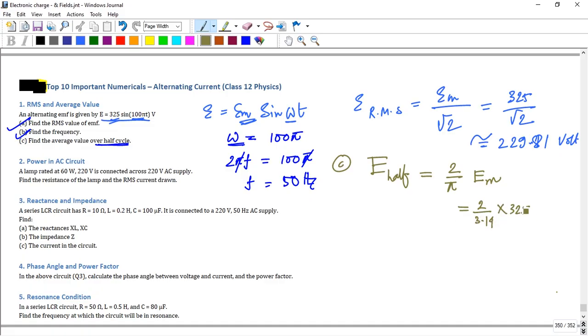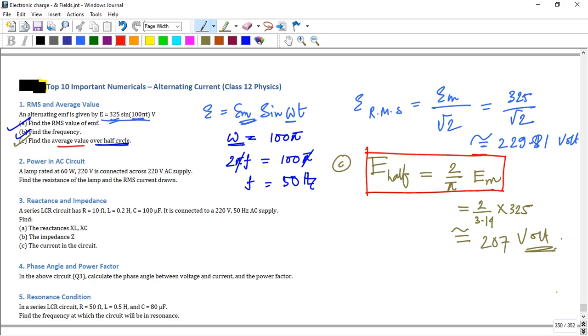You solve this and you get an approximate value of 207 volt. Okay, that's the third answer. And these are the formulas for half. Okay, average value of half cycle. Okay, that's the first numerical.